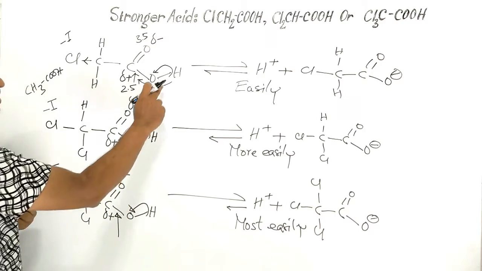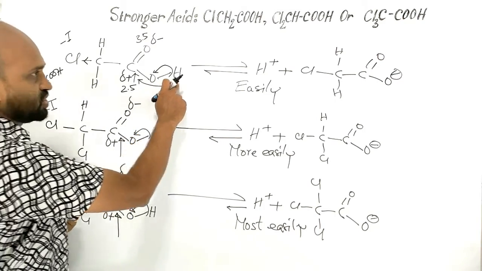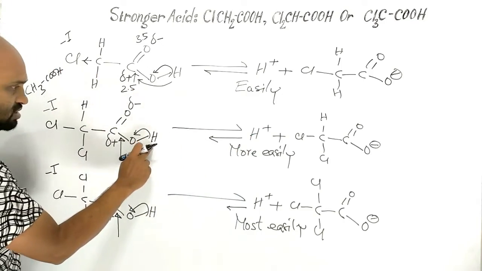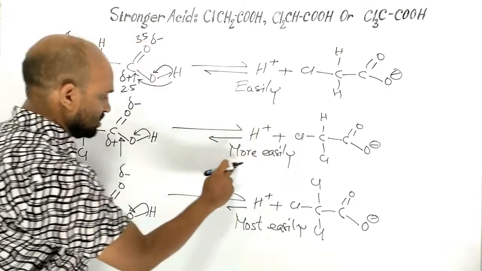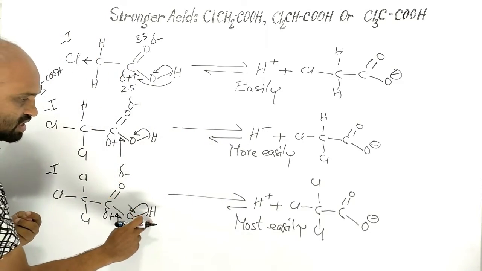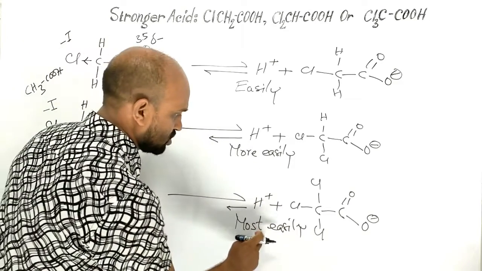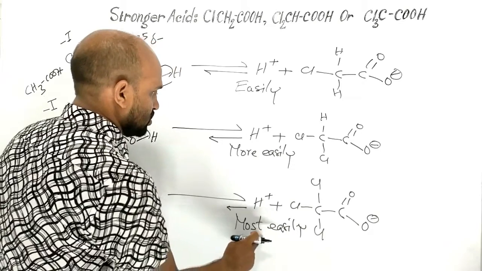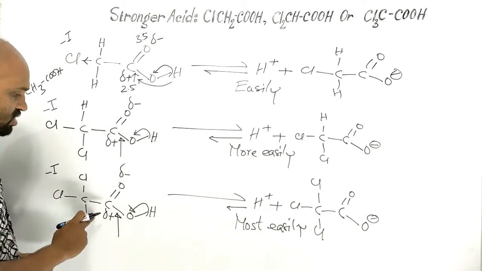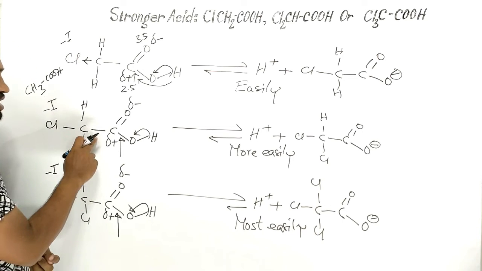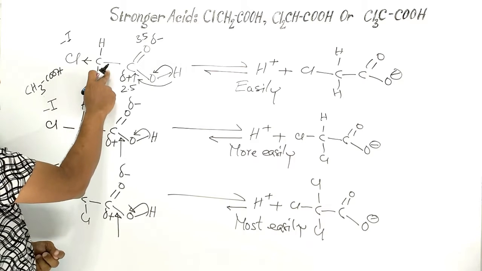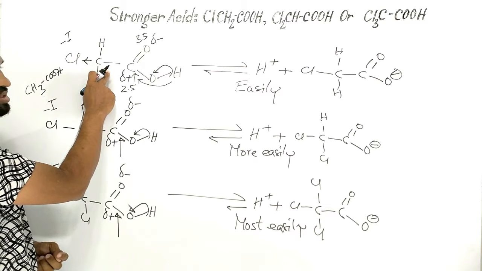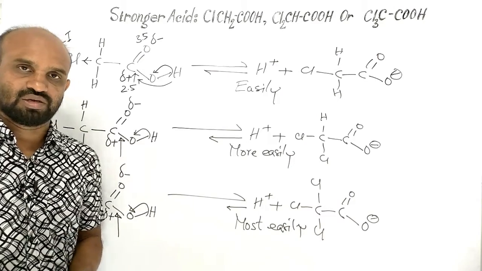That is why here this hydrogen gets freed as a proton easily, in this case more easily, and in this case most easily. So we can say that trichloroacetic acid is the strongest acid, dichloroacetic acid is a moderately strong acid, and monochloroacetic acid is simply a stronger acid.